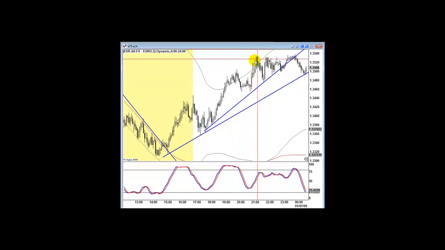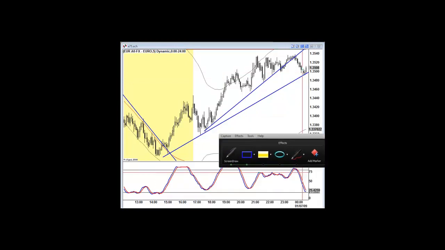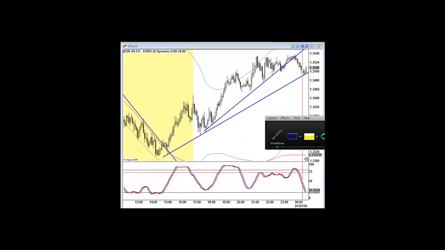The second time it goes through the Bollinger Band, the stochastic's lower, but the price has moved higher. So price is moving higher, stochastic is moving lower, and so we've got some more divergence there.